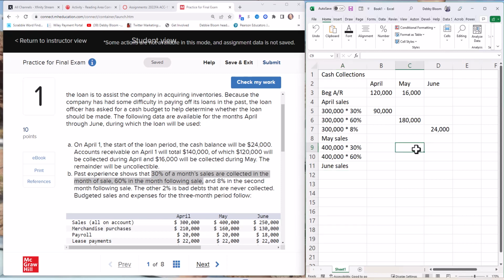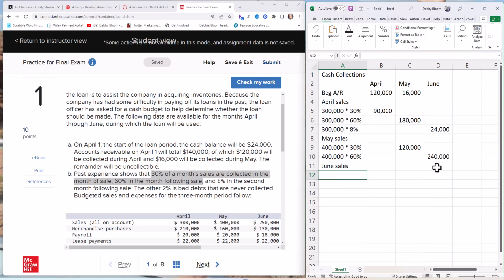So for May sales collected in May, $400,000 multiplied by 30%, and collected in June, $400,000 multiplied by 60%. And finally, now we're down to June.